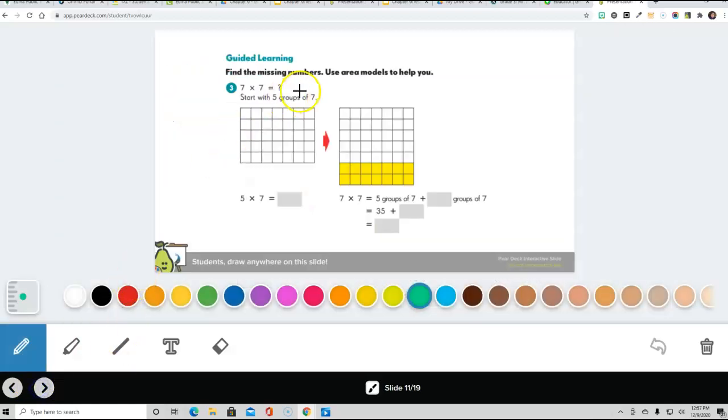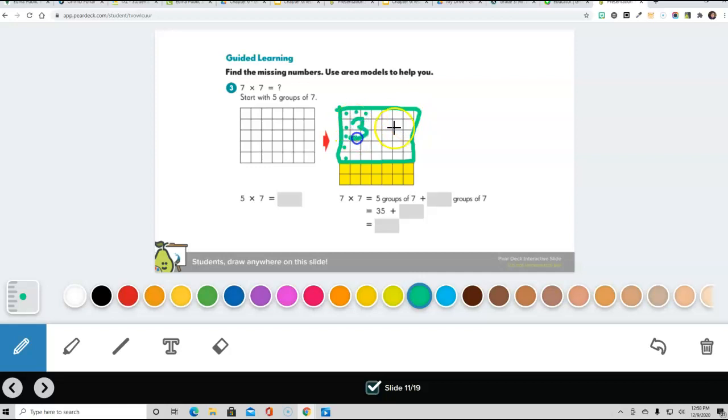Okay, so here we have 7 times 7. So I am going to do, these are the 5. I'm going to use 5s because it's easier. 5 times 7, so that's this set of boxes. That's what I know. And 5, 10, 15, 20, 25, 30, 35.